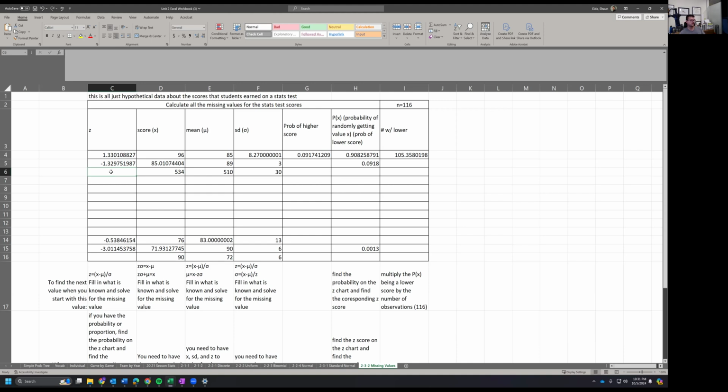To calculate the z-score, we're going to do equals x minus the mean, in parentheses. And then we're going to divide it by the standard deviation. And that gives us a z-score of 0.8.